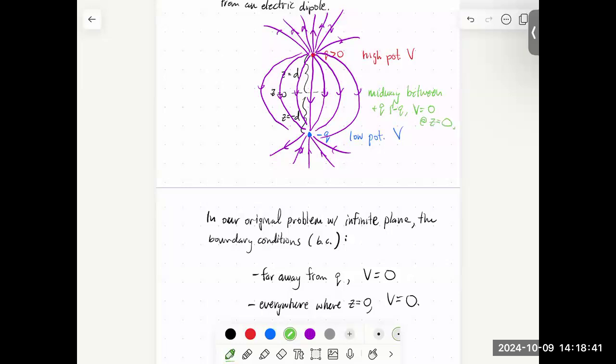So we definitely satisfy all of the boundary conditions of the original problem using this dipole configuration, and we're guaranteed that this is going to satisfy Laplace's equation because we know the potential of a point charge, and by definition that has to satisfy Laplace's equation.